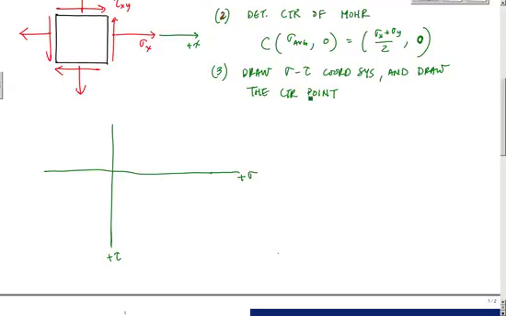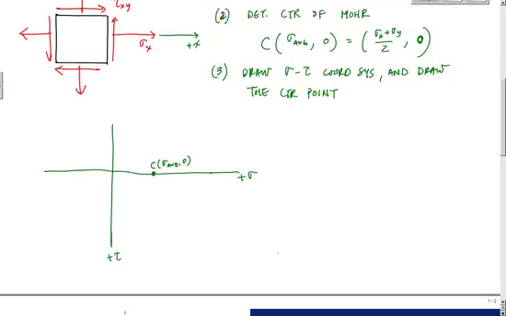Okay, and so here I've got this axis drawn. I draw my center point. Here is my center point, sigma average, comma 0, right here.